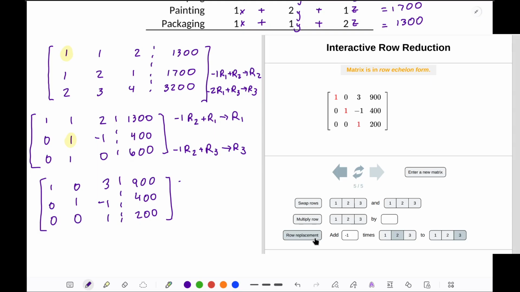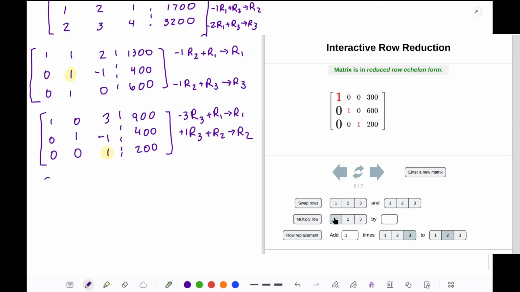So the opposite of 3 is negative 3 times our pivot row, which is row 3, plus row 1, replace row 1, and then positive 1 times row 3 plus row 2, replace row 2. And we get our final matrix.